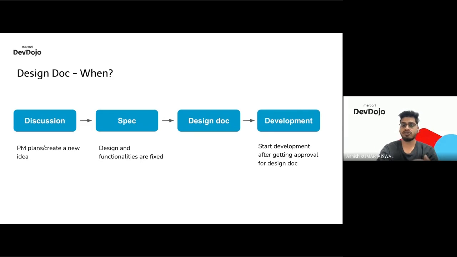You can mention the direction, the different priorities, and also the architecture and technical details in the design doc before development. So basically, once the spec and the design are finalized, then you write the design doc. And once the design doc is approved, you can start the development.